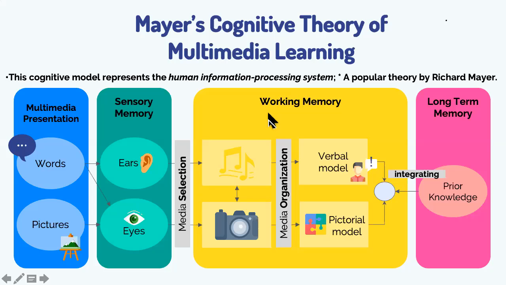In the working memory, the brain is actively conducting selections of the media type and the information channeled in, and the working memory does a lot of processing in terms of selection.